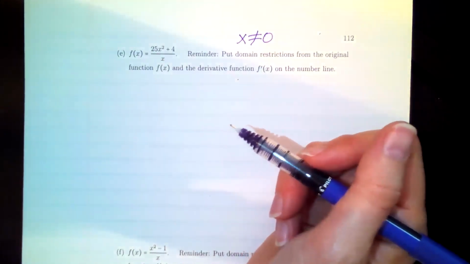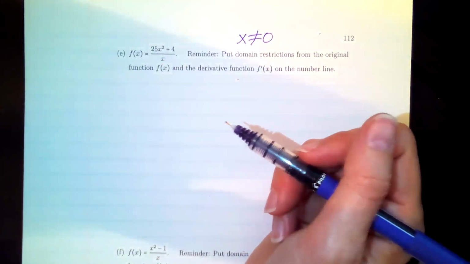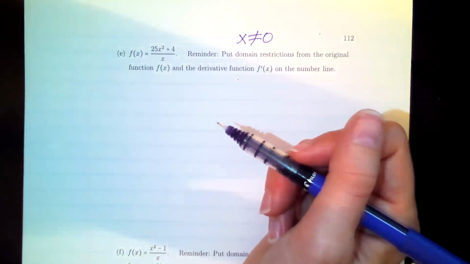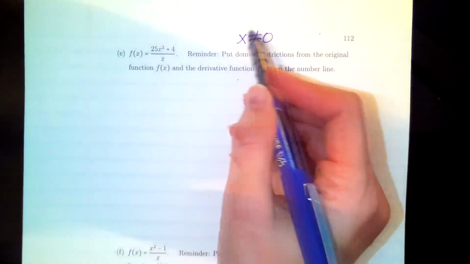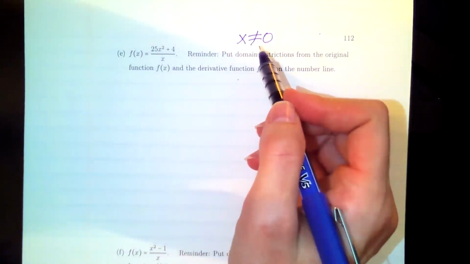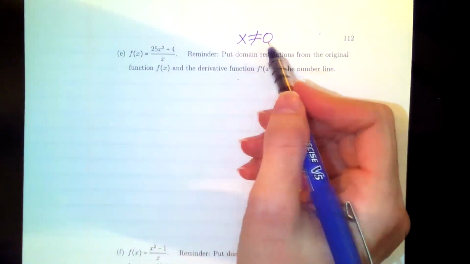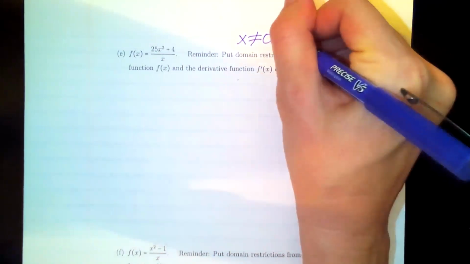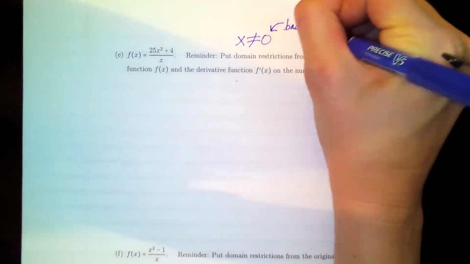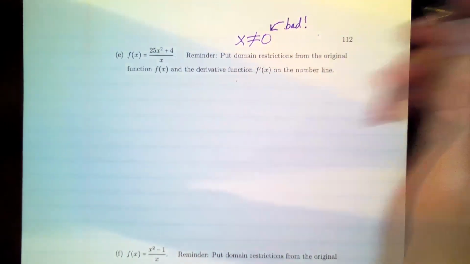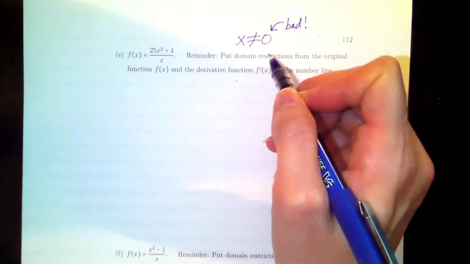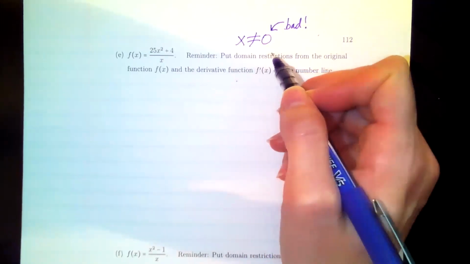That said, what was our whole goal here? Our whole goal of this problem is to find local maximums and minimums. So why do I care about this domain restriction? Well, we are going to do a number line analysis, and if x cannot be 0, that means that I have to put this on a number line just so I can skip over it. Any domain restrictions like this have to go on your number line by default.